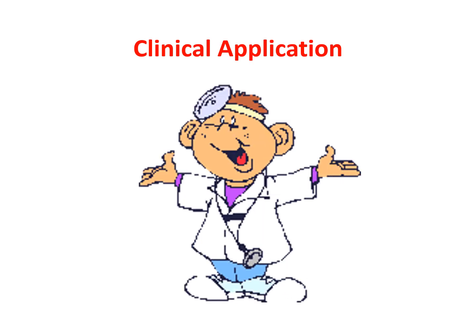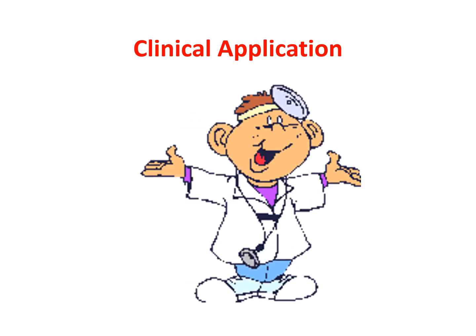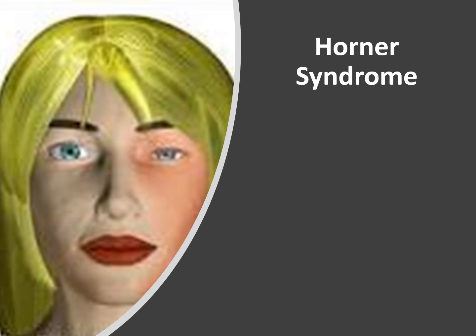What could be the clinical application of today's session? Horner syndrome is a clinical application of this session. It's due to a lesion in one side of the cervical sympathetic chain. It results in the following effects on the same side of the lesion, that's to say the ipsilateral side. Ptosis, which is drooping of the upper eyelid.